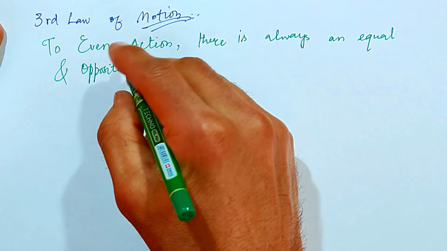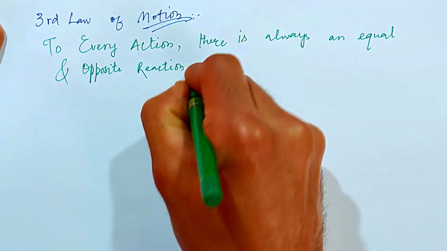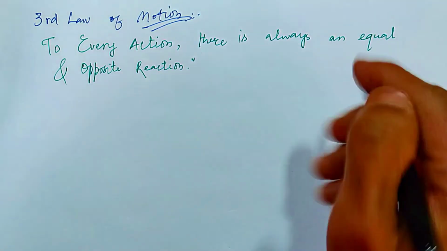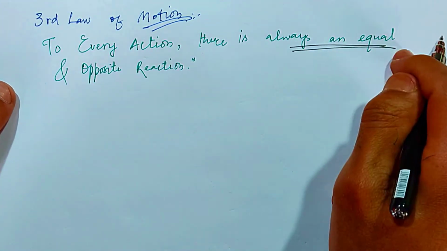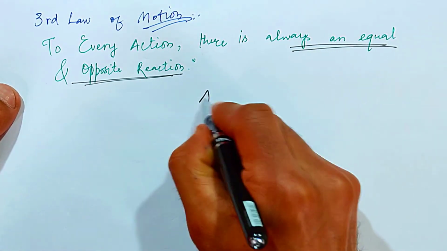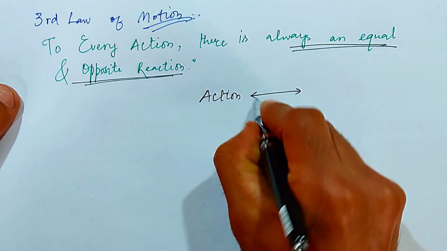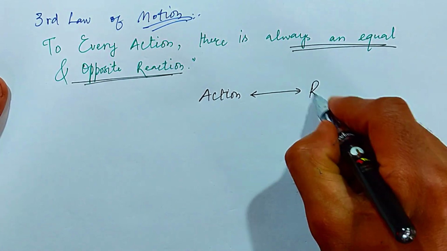These two terms, equal and opposite, are very important. There is always an equal and opposite reaction. So to every action, there is in turn a reaction.